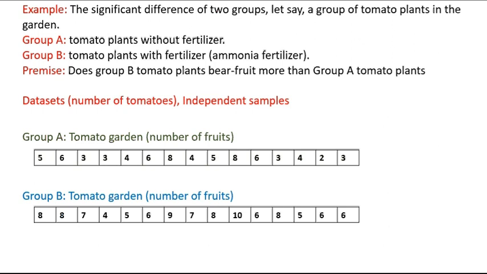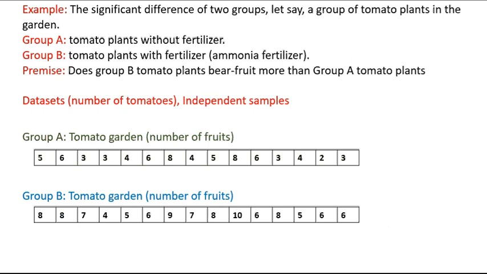The premise here is: do group B tomato plants bear more fruit than group A tomato plants? We can determine this by testing the significant difference using the t-test. We have here two data sets.